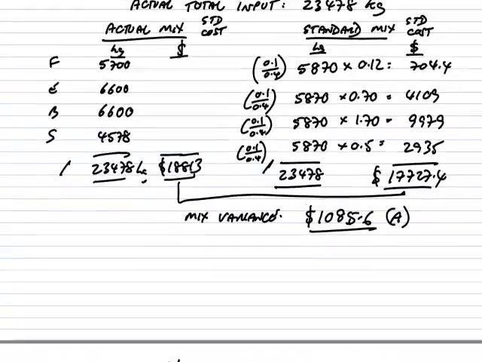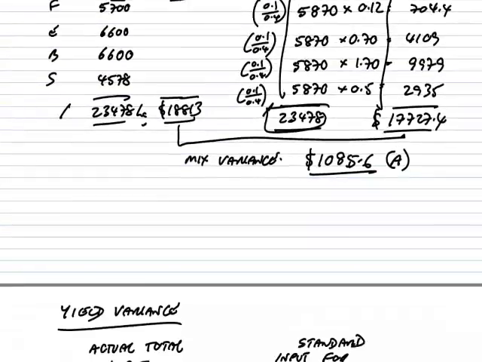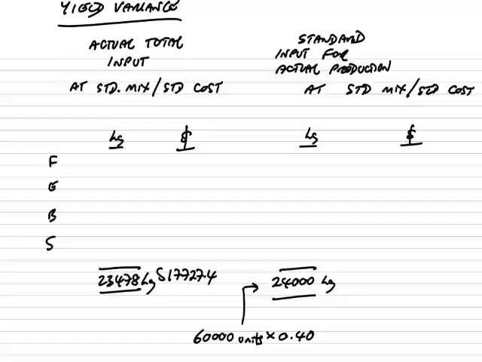Because that's what we did here. We took the input, we took standard mix and standard cost, and we got 17,727.4. That's how much our input cost us. And we mixed properly and priced properly.